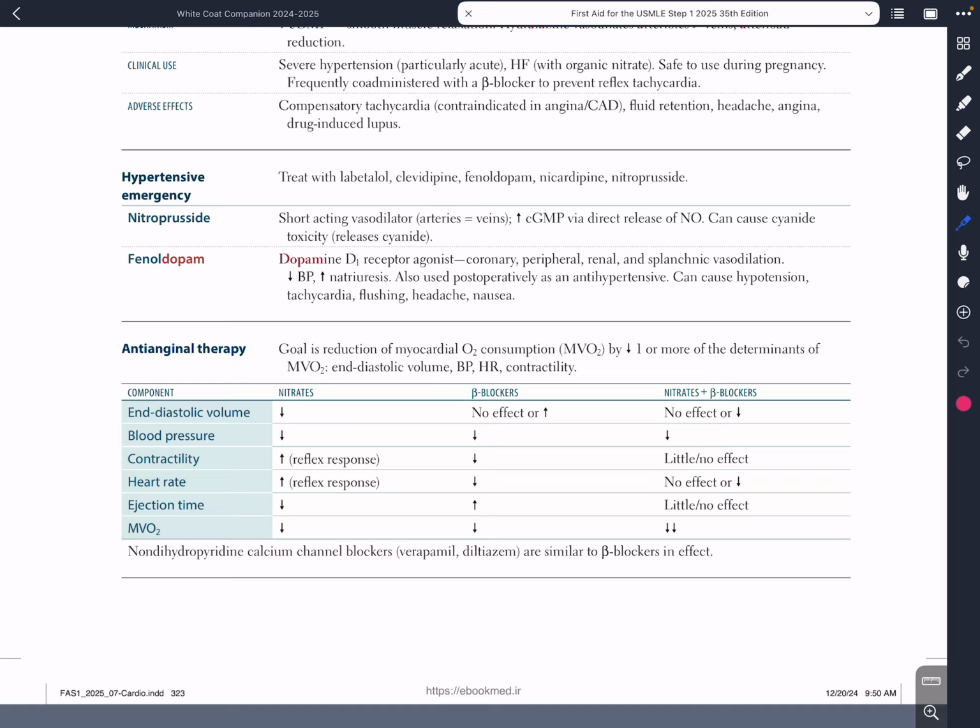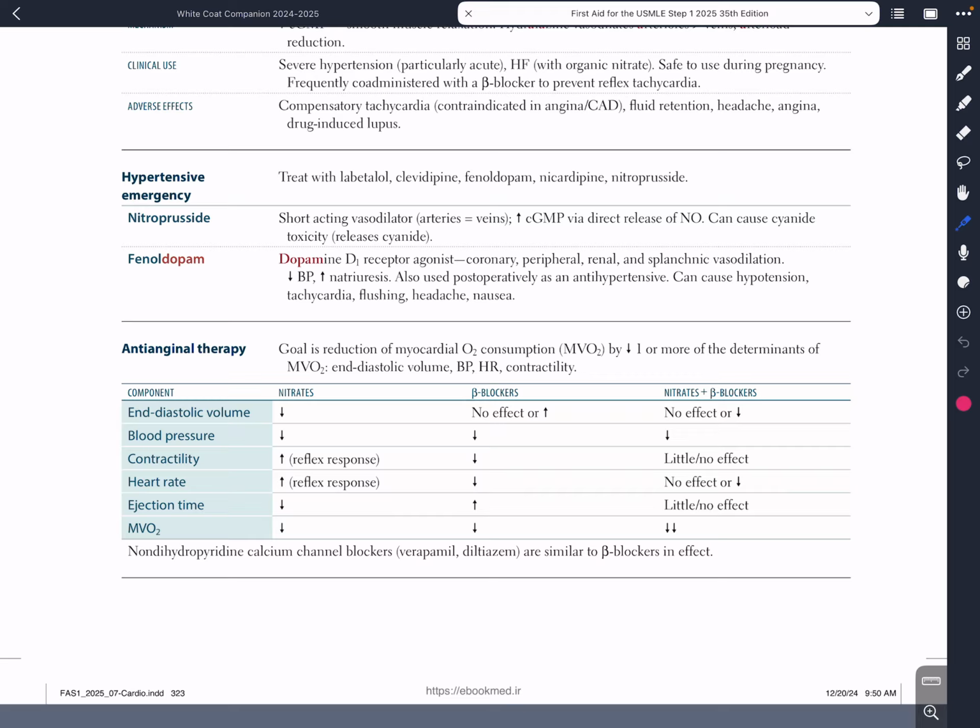Again, the drugs of choice for hypertensive emergency are labetalol, clevidipine, fenoldopam, nicardipine, nitroprusside.